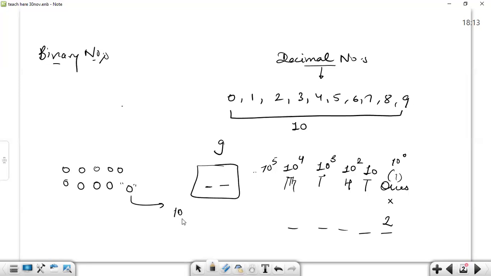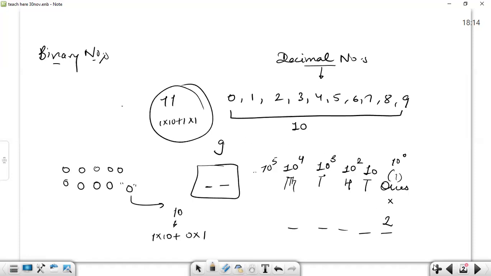So 0 has no significance here, and 1 has the significance of tens. So 1 tens and 0 ones. And if we have another orange, then it is 1 tens and 1 ones.